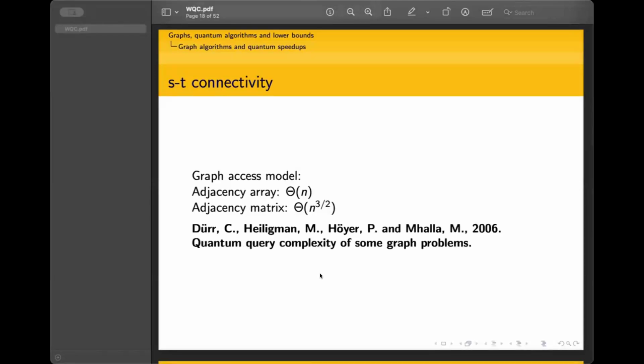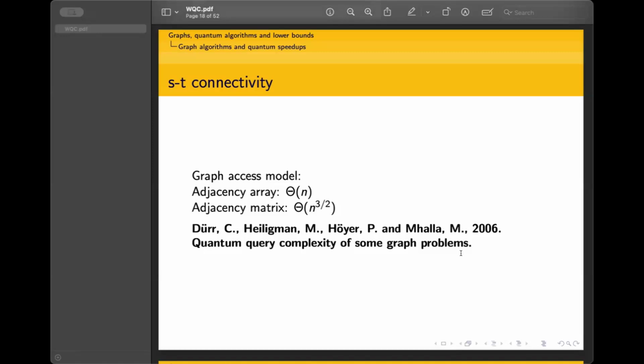So these are the results from 2006. It came a couple of years after the Grover search algorithm, etc. So it hasn't been an instant result. And this is the paper which provides a lot of complexity results, and I can highly recommend it for anyone who's interested in the field.